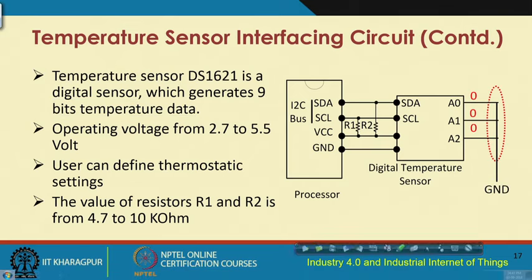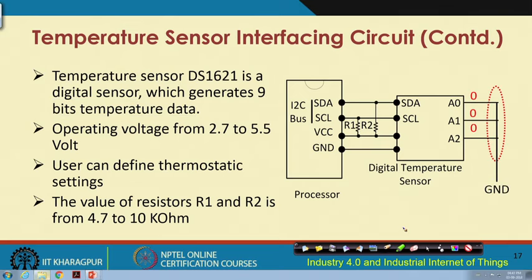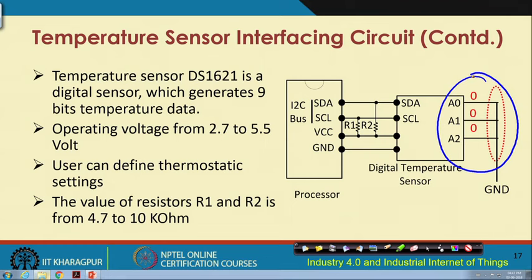Then we have the output produced from the digital sensors in this manner. The outputs are generated as 9 bits of temperature data, and these are the last 3 bits shown over here, and we can have a combination of all of these.